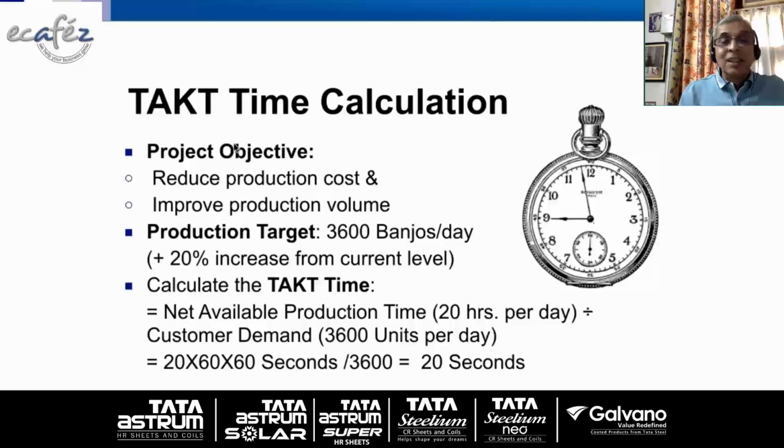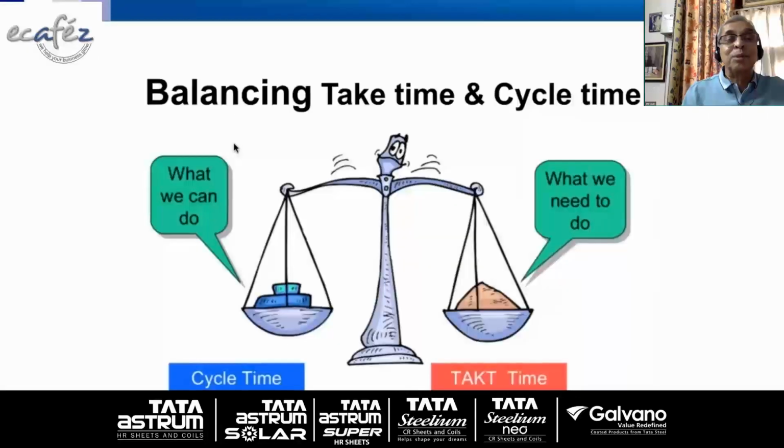The cycle time was up to 25 seconds, but here the demand rate has come to 20 seconds, and it must be produced. The whole lean philosophy is balancing cycle time and takt time. It means your problems should be solved, then only the takt time and the production cycle time will be equal.